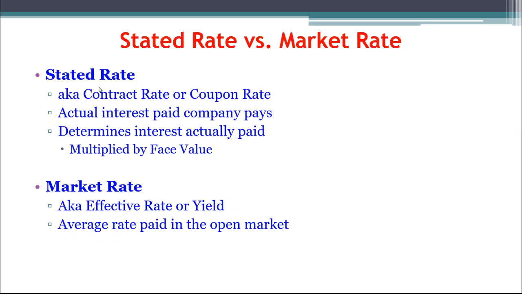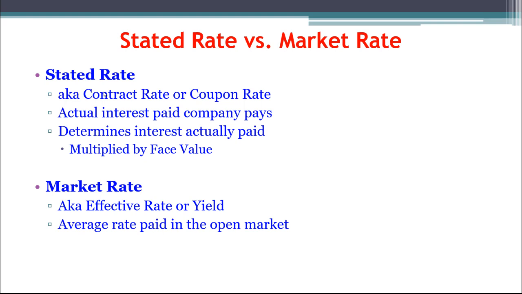So we're going to see the difference, and here we have the two different rates listed. Now, like many things in accounting, there are a few different terms for the same thing. So for the stated rate, this is sometimes called the contract rate or the coupon rate. This is the actual interest rate that's going to be paid by the company to the investors every, again, 6 months or a year.